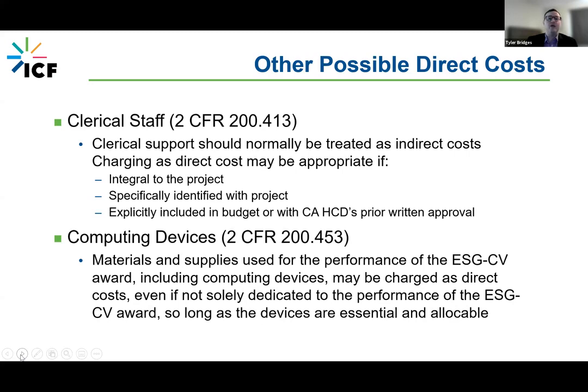In this example, we will look at costs for clerical staff and for computing devices. For clerical staff, the cost is normally treated as an indirect cost. However, it can be classified as a direct cost if the time spent by the clerical staff is integral to the ESG-CV project or activity. It is specifically identified with the project, and it's included in the budget.